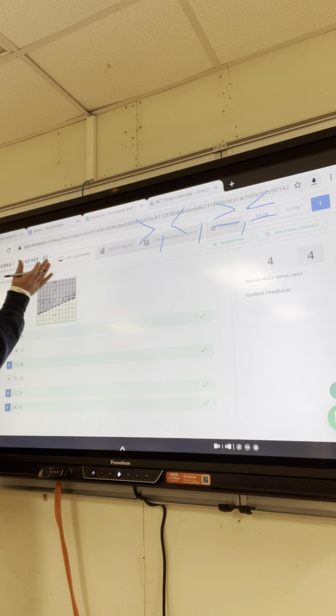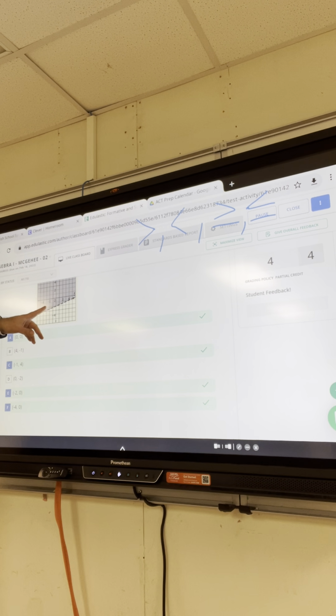But if it's greater than, then it's just the shaded region above it. So our solution set is an infinite number of answers within this shaded region. That's the output. Our solution set, our output, is what's above the line.